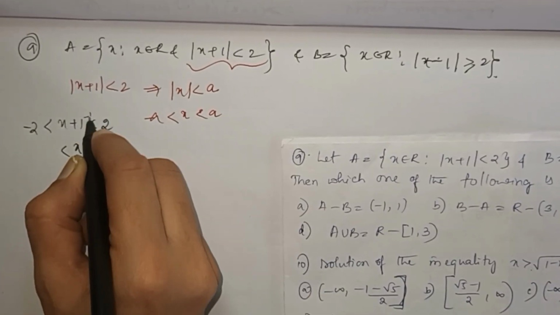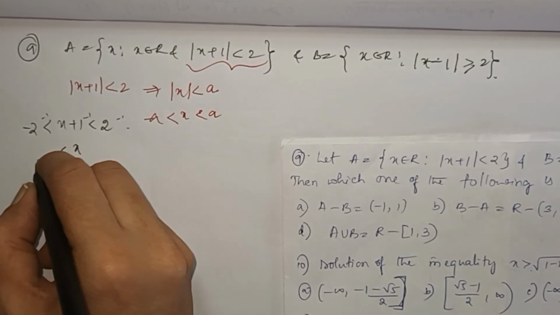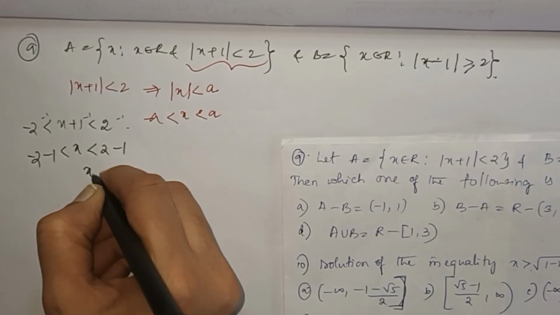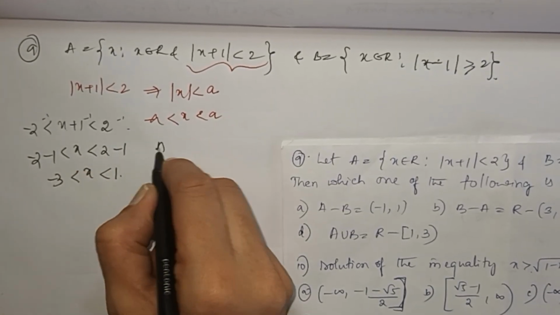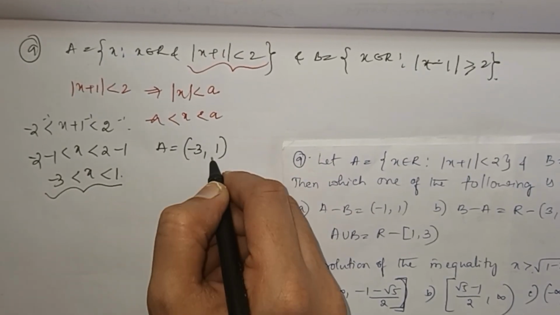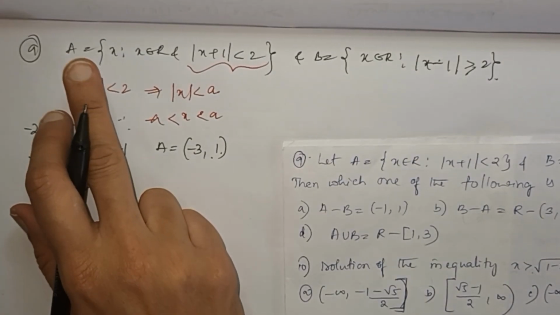Next, subtract 1 on every side. Then the +1 and -1 cancel. -2 - 1 < x < 2 - 1. So -3 < x < 1. So A equals all those real numbers which lie between -3 and 1. That is the set A. So now we got the set A.